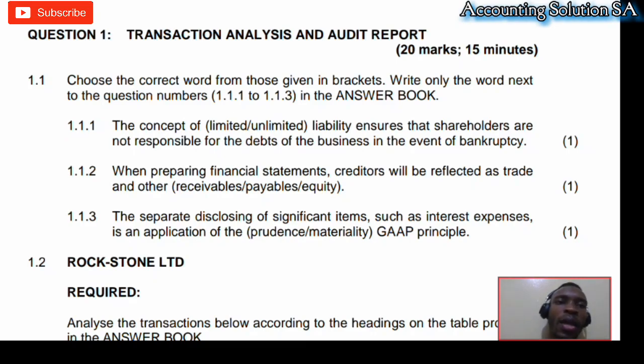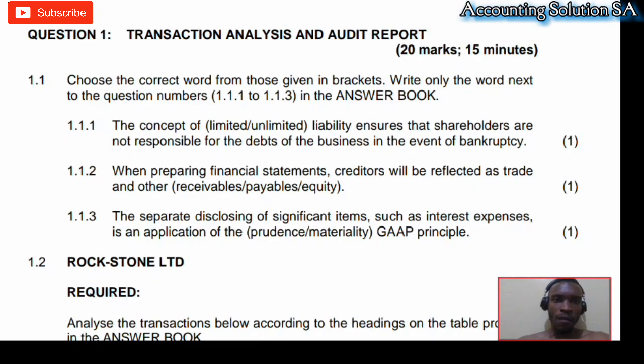Okay, then question 1.2, when preparing financial statements, creditors will be reflected as trade and other, is it receivable, payable, or equity. You know that creditors are liabilities, and when we refer to liability, it can be receivable, it can be equity, but it will be a payable.